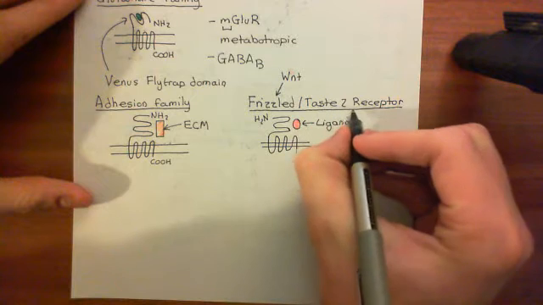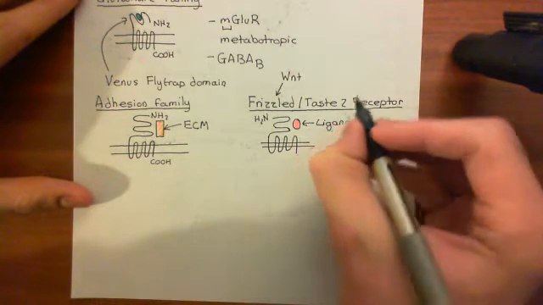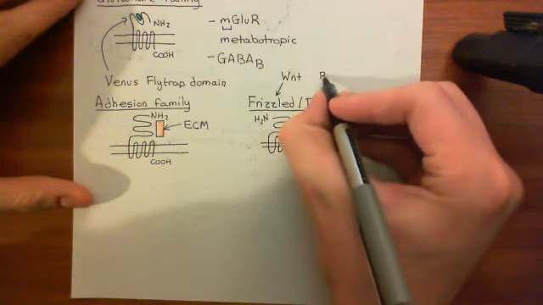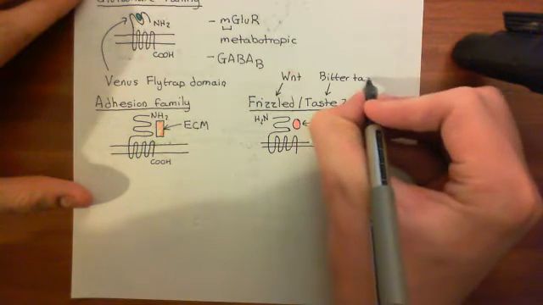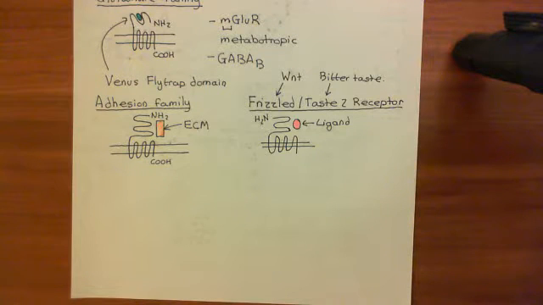The taste2 receptors are involved in the gustatory system. These are receptors for bitter taste molecules, so they're in the tongue. Right, so that then concludes our discussion of the 5 separate families of G protein coupled receptors.